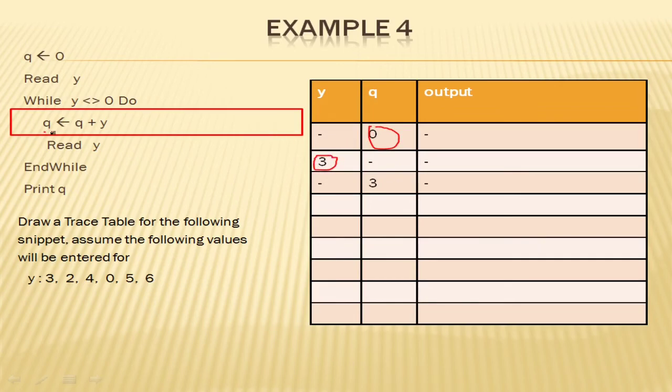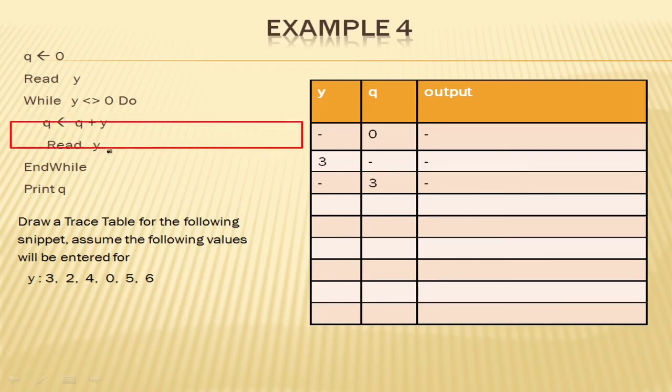So q equals q plus y would be q equals 0 plus 3, which is 3. Hence underneath the q column we have the value of 3. There is no value for y, so we put a dash, and there is no value for output, so we put a dash.